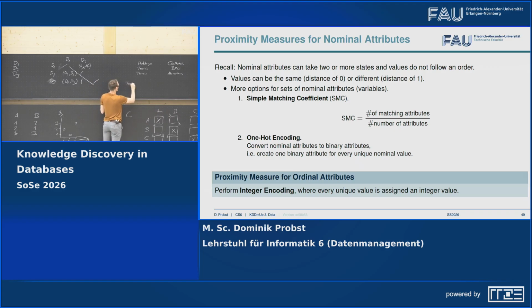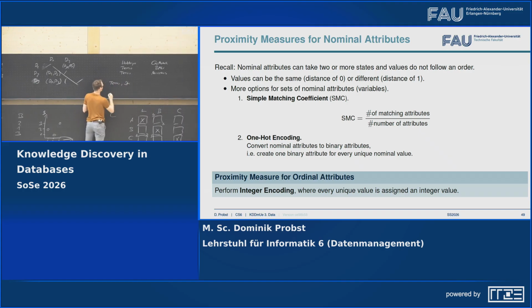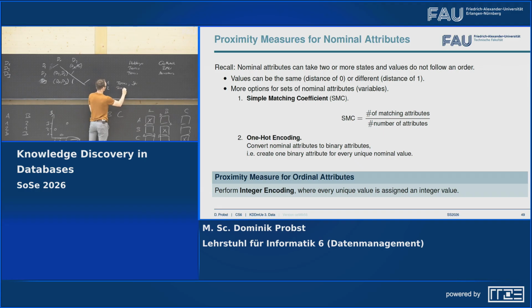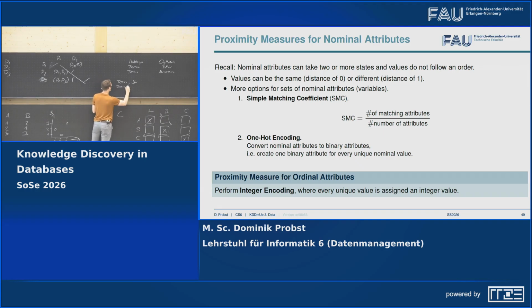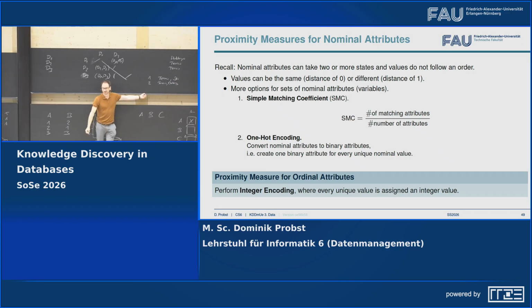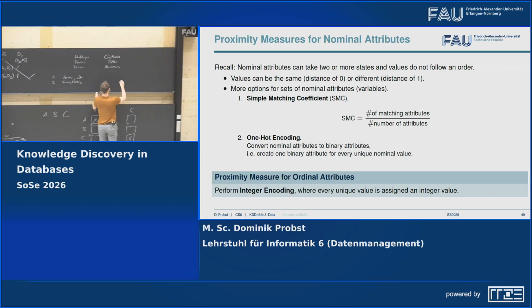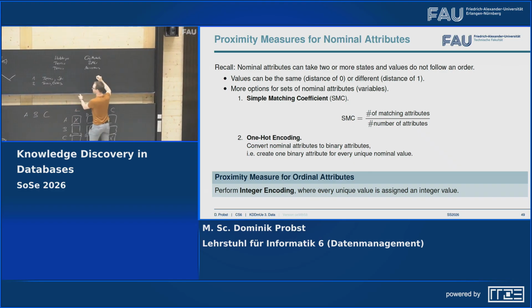Person 1 has the hobbies tennis and skiing, and person 2 has the hobbies tennis and clubbing. Then a one-hot encoded version of this would take a look at every possible hobby present in our dataset, and that would create one specific attribute for each.